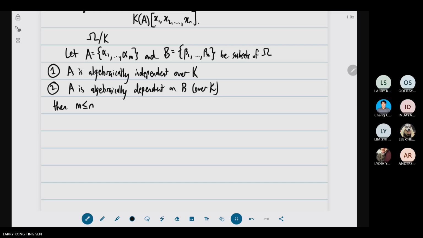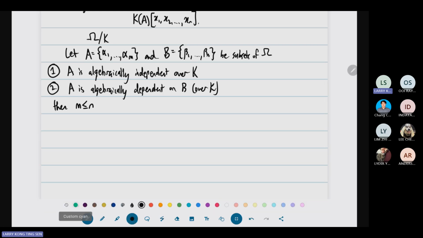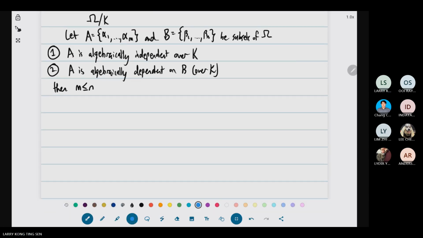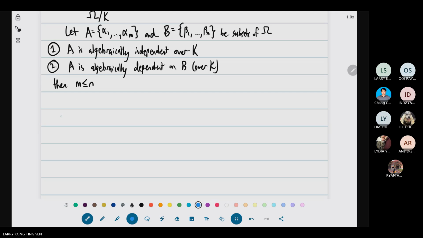So basically, we have a linear algebra analog, which is given as such. You can read algebraically independent to be kind of straightforward, meaning linearly independent.